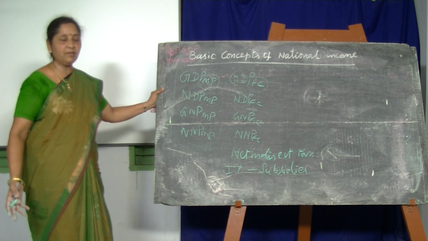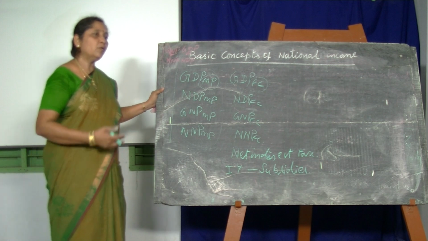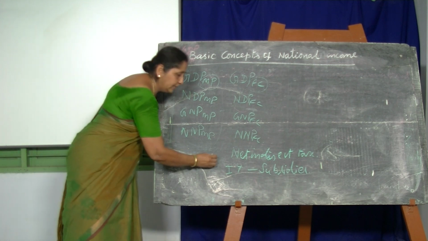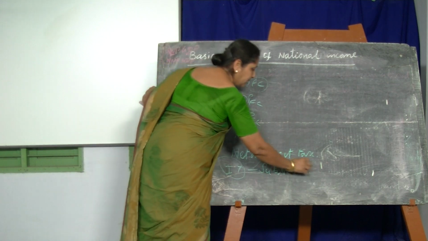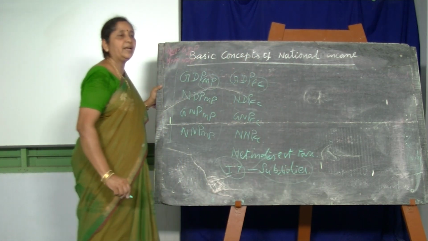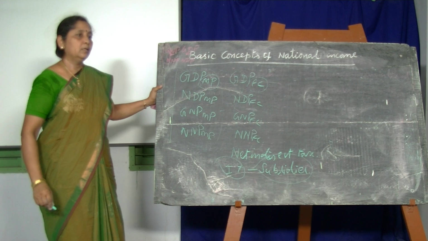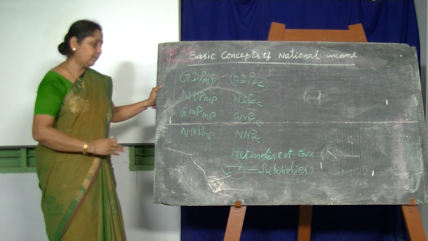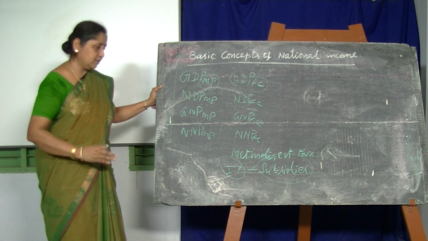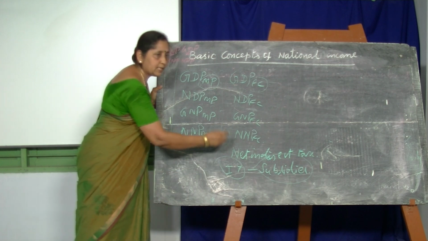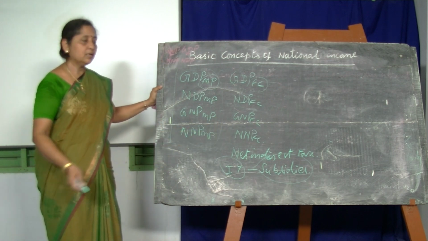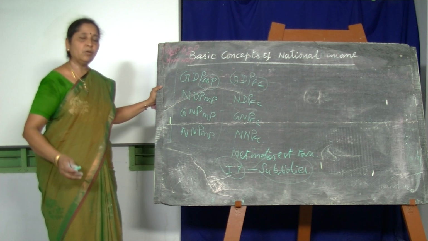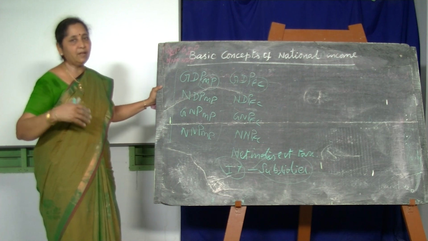The public receive subsidies, isn't it? So one comes under the indirect tax, comes under the payment side, and the subsidies comes under the receipt side. Public making payment to the government comes under the tax. Government making payment to the public comes under the subsidies. So one part we receive and one part we pay.